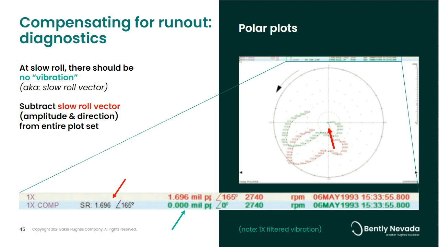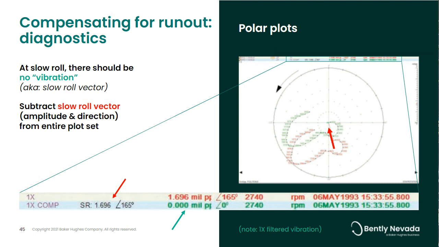So in that case now, when the machine is at, quote unquote, slow roll, which in this case looks to be about 2,740 RPM, we can say that we've compensated for that slow roll vector. Everything else beyond that is purely a result of the vibration on the machine, any sort of dynamic effects on that machine.